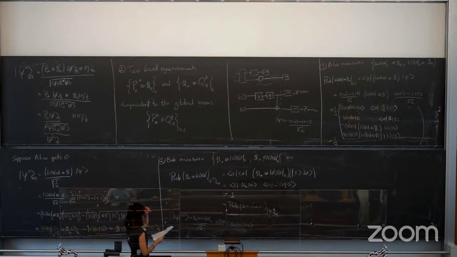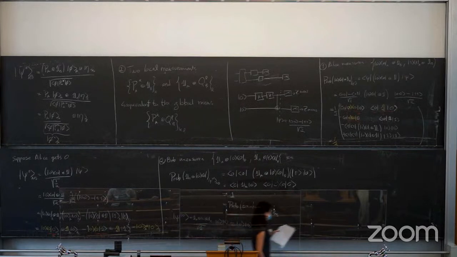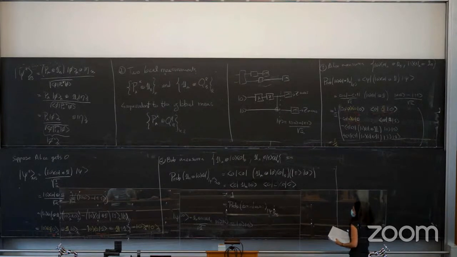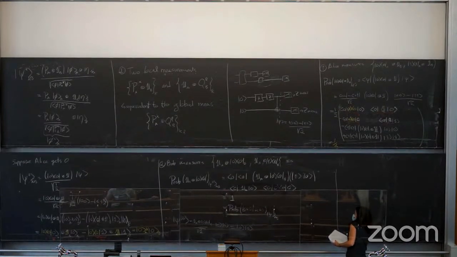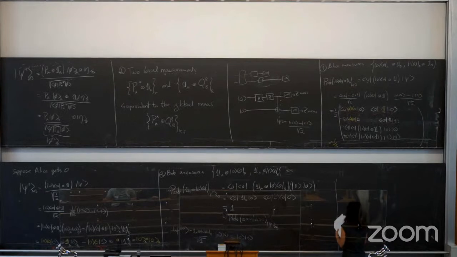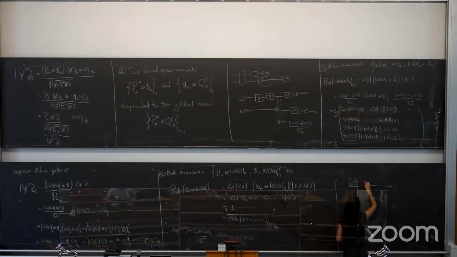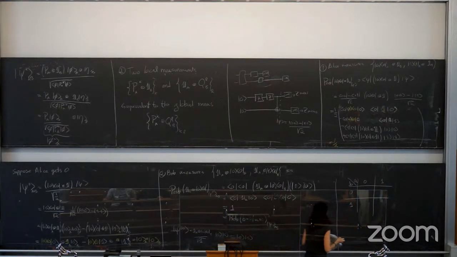So we can write a little table with all the probabilities. So for the initial state, this is A and this is B. Alice could get 0 or 1, and Bob could get 0 or 1, right? And what's the probability that they both get 0?